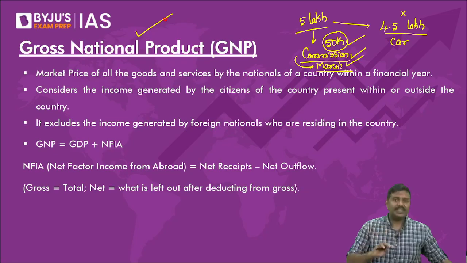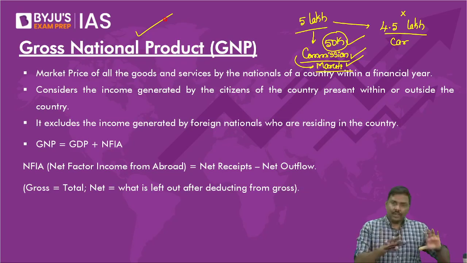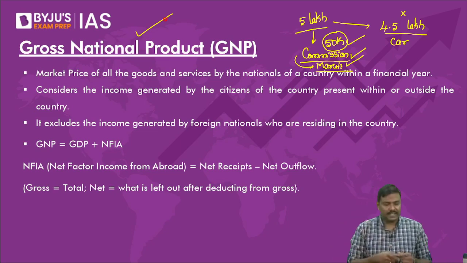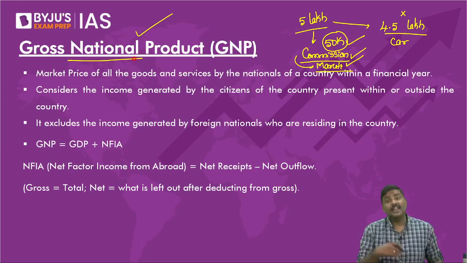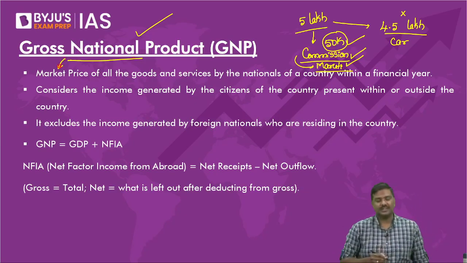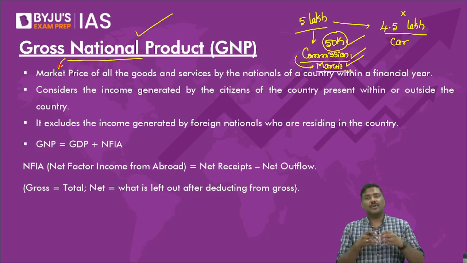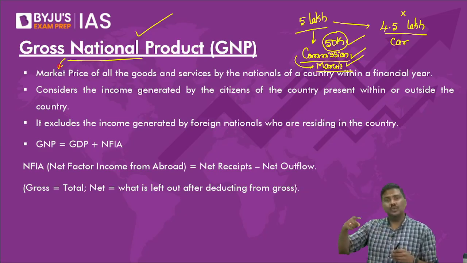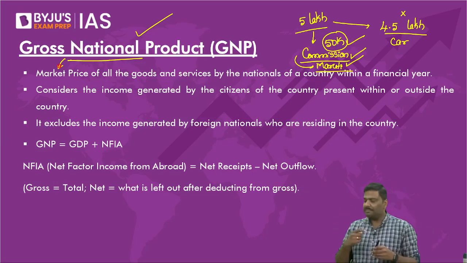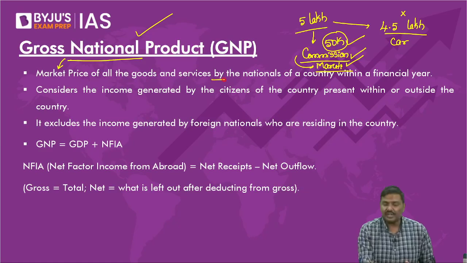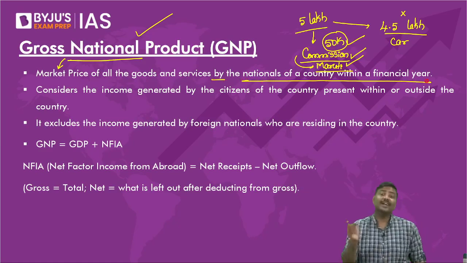Now, understand this carefully. Whenever you talk about GNP, gross national product, that's very important. What's the definition? Gross national product simply refers to the market price of all the goods and services which are produced by the nationals of a country.